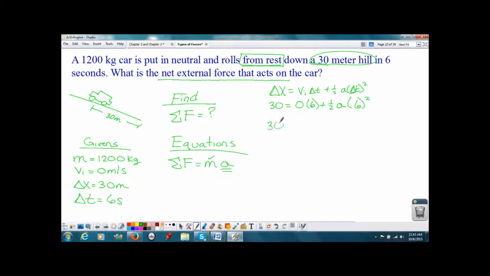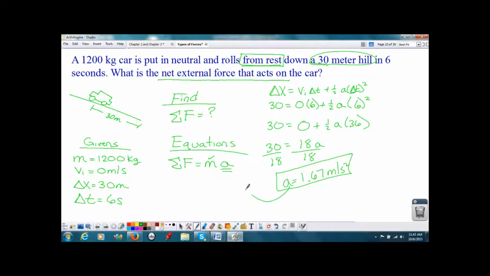Simplify this, 0 times 6 is 0, 6 squared is 36. 1/2 of 36 is 18. And 30 divided by 18 is 1.67 meters per second squared. So now we know our acceleration.